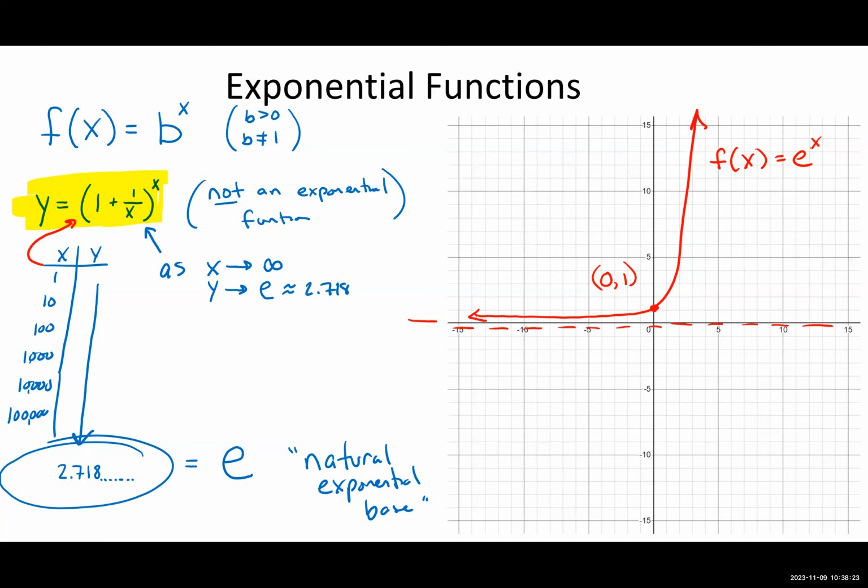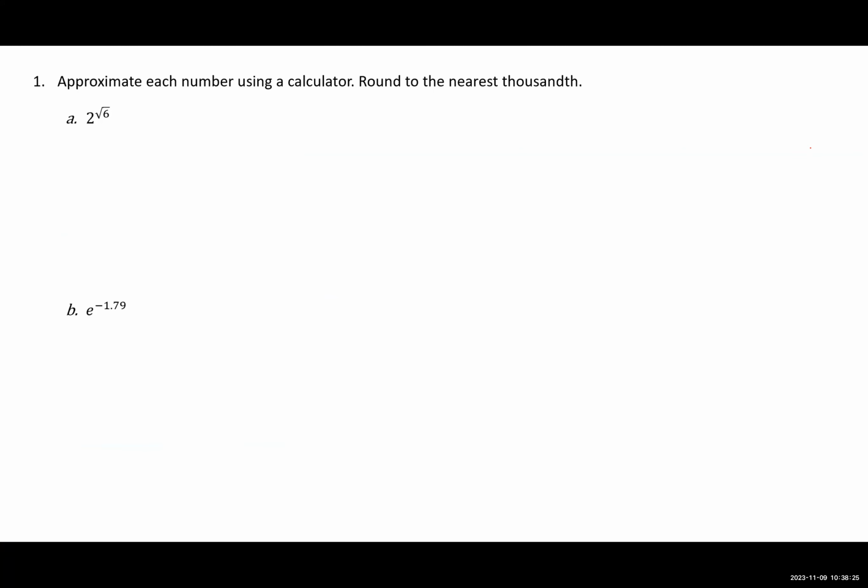So let's evaluate a couple of expressions. These aren't functions, these are expressions. So approximate each number. So we're approximating, which means rounding, right? Round to the nearest thousandth. The only way to do this is with a calculator. There's really nothing else we could do here.